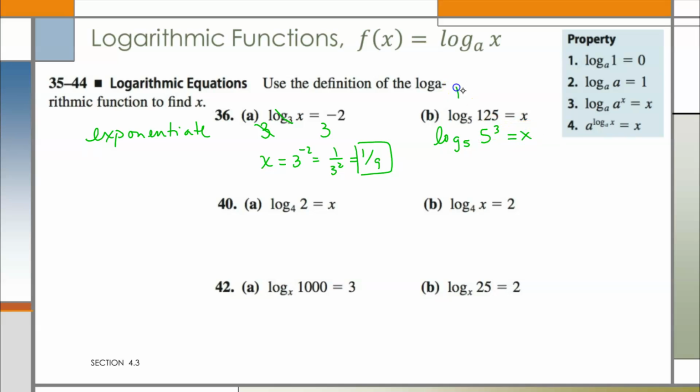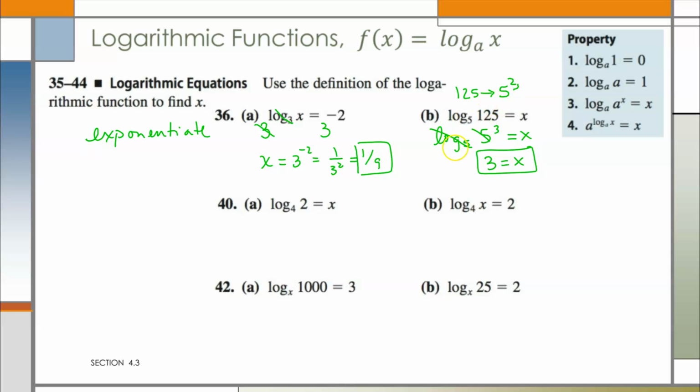We didn't do anything, all we did was rewrite 125 as 5 to the third. And when we did that, the log base 5 and exponential base 5 cancel, and we're left with x equals 3.